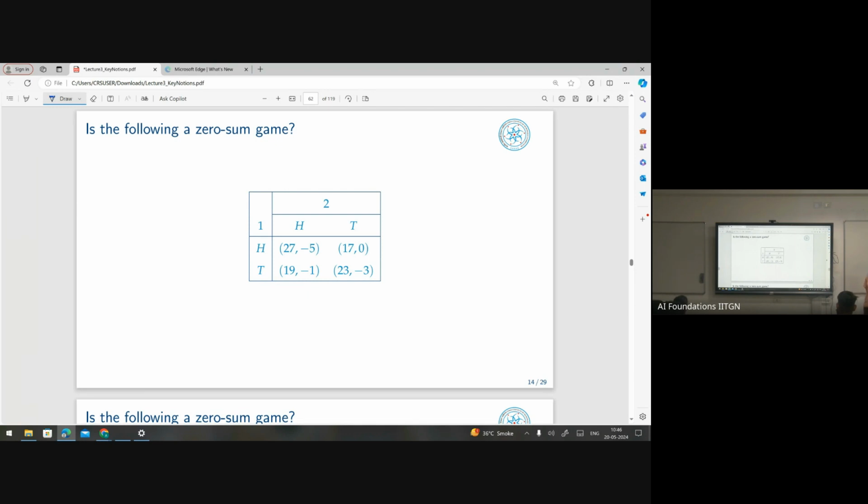You people online, what about you? Do you think this is a zero-sum game or equivalent to a zero-sum game? No. The sum also doesn't look constant, right?